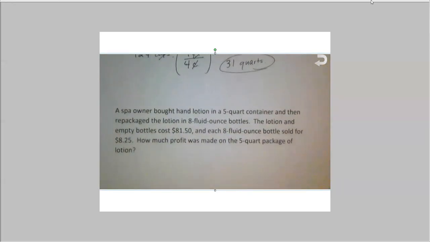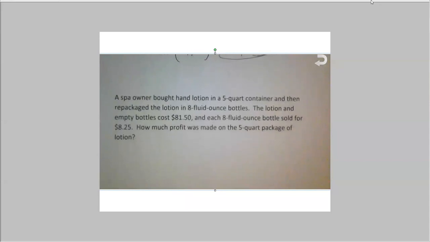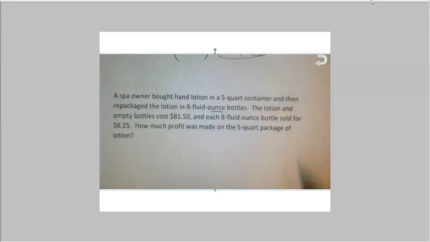The spa owner bought hand lotion in a 5-quart container and then repackaged the lotion in 8 fluid ounce bottles. The lotion and empty bottles cost $81.50, and each 8 fluid ounce bottle sold for $8.25. So how much profit was made on the 5-quart package of lotion? Okay. Lots of numbers here, lots of words. So let's go back and see if we can understand what's going on. So we bought it in a 5-quart container, repackaged and sold it in 8 fluid ounce bottles.